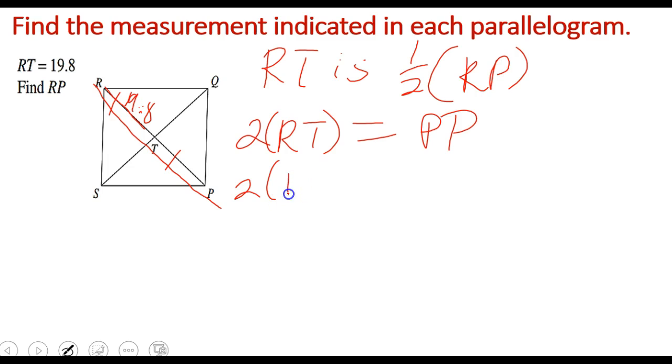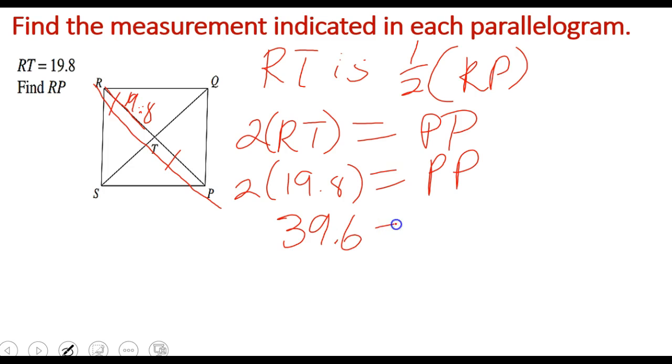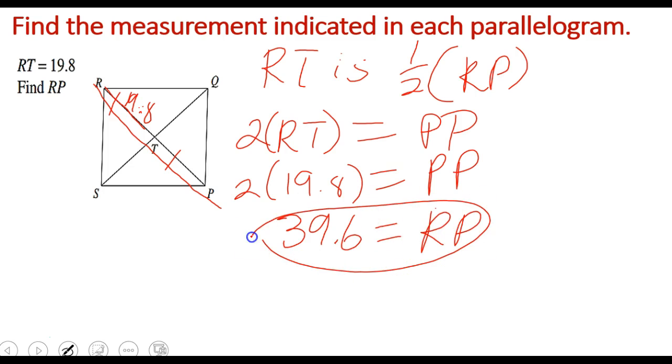So we replace RT and then multiply. 2 times 19.8 is 39.6. So RP would be twice the RT.